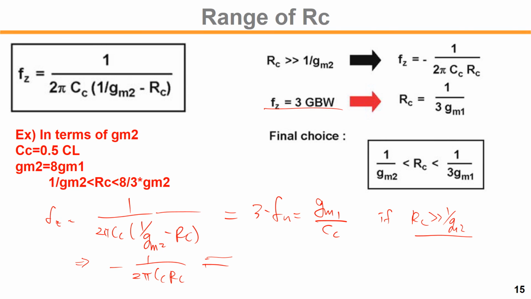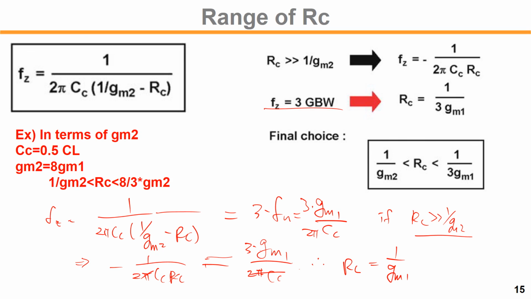This is just an approximation. CC, 2 pi, 3 times 2 pi there. So therefore the RC cancels, so equal 1 over GM1, right?